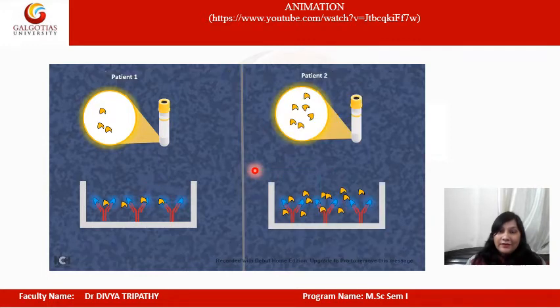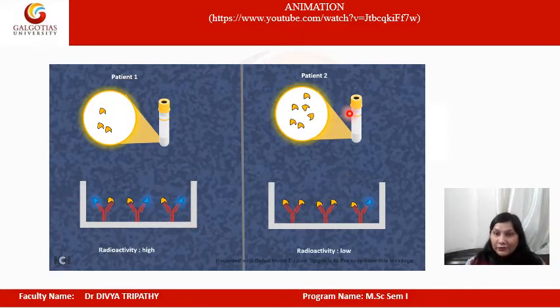Now let's say we have patient scenario 1 and patient scenario 2, and as you can see, patient 2 has more antigen present in its serum. As expected, after washing, in the second case the radioactivity would really fall, because most of the labeled antigens are replaced by unlabeled antigen, since unlabeled antigen was higher in concentration.